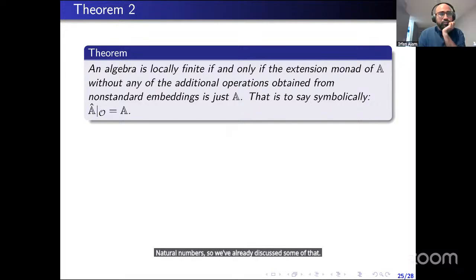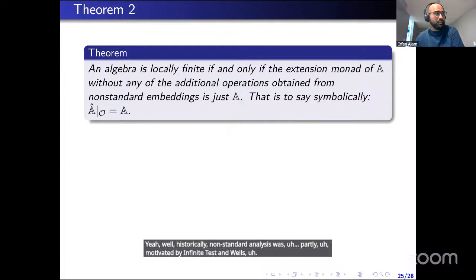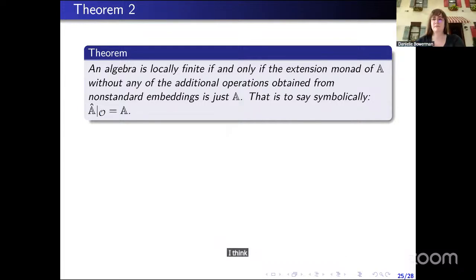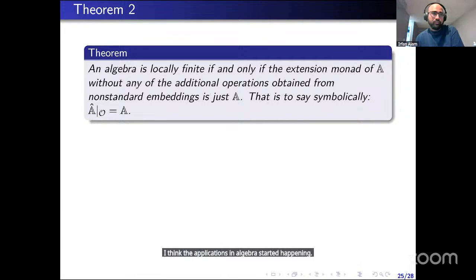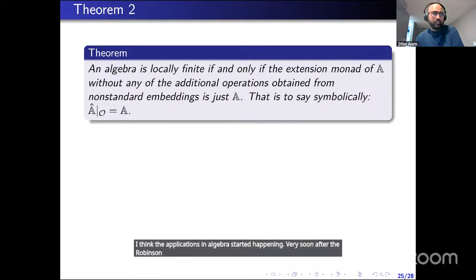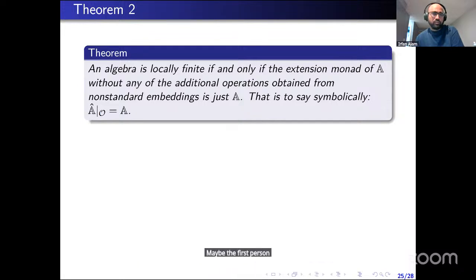Yeah, well, historically, non-standard analysis was partly motivated by infinitesimals. I think the applications in algebra started happening very soon after Robinson discovered non-standard analysis, and I think Robinson himself was maybe the first person to start applying it in algebra.